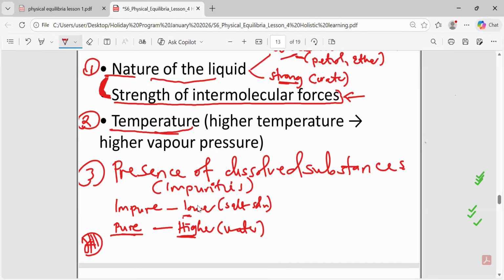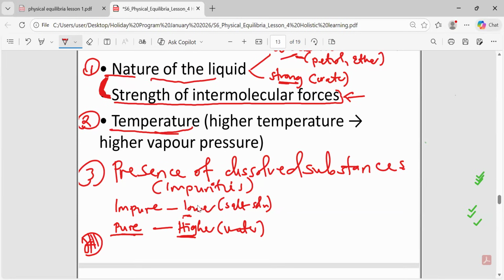But in this case, we look at one which is non-volatile. The solute you have added inside must be non-volatile if we are to test this. Otherwise, if the solute is volatile, like alcohol, you'll find out it will also contribute to the vapor pressure.